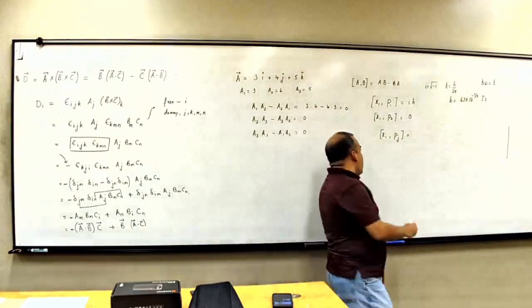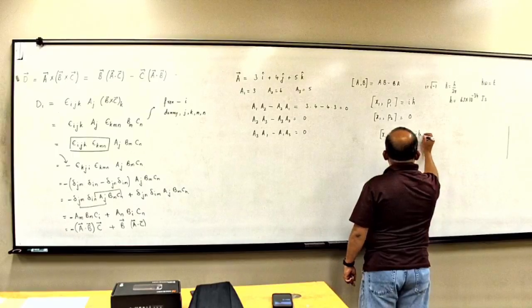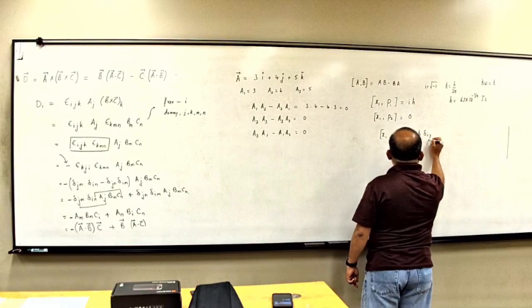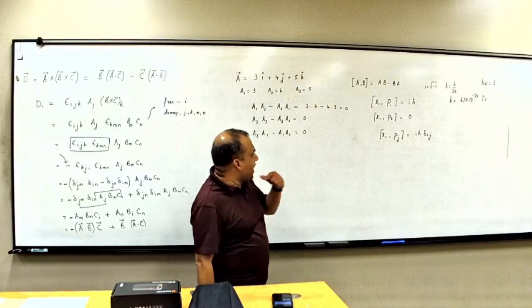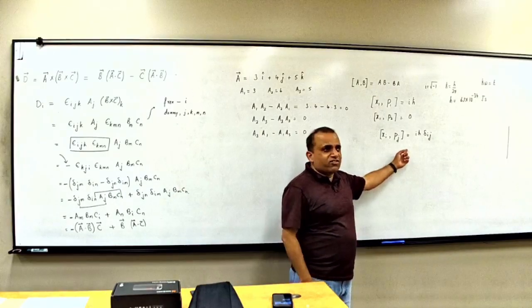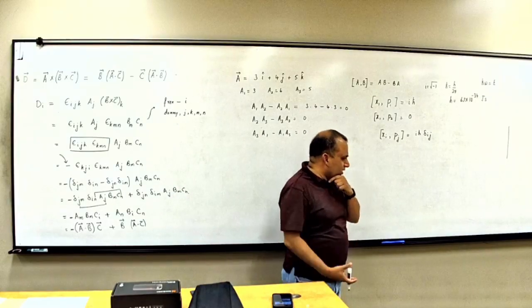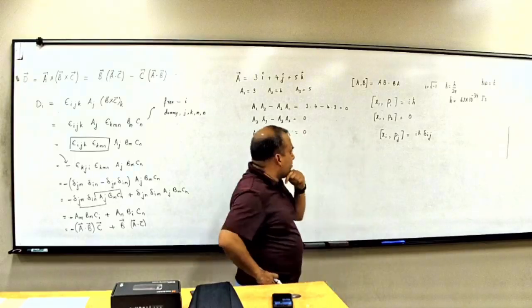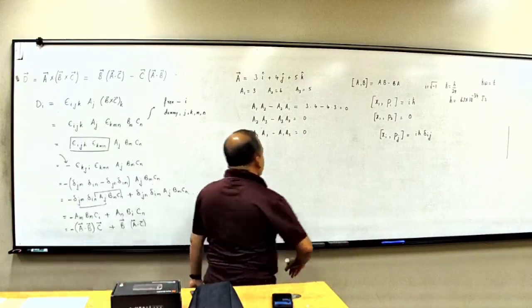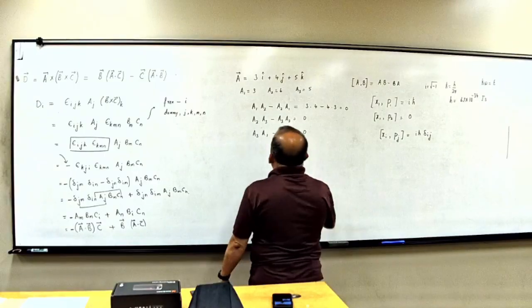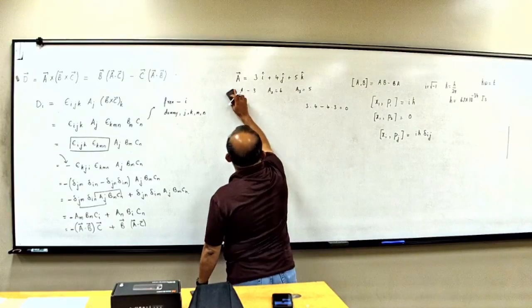It is i h bar delta ij. So the quantum mechanical relation, the Heisenberg commutation relation, can be written as i h bar delta ij. And how can you get that?